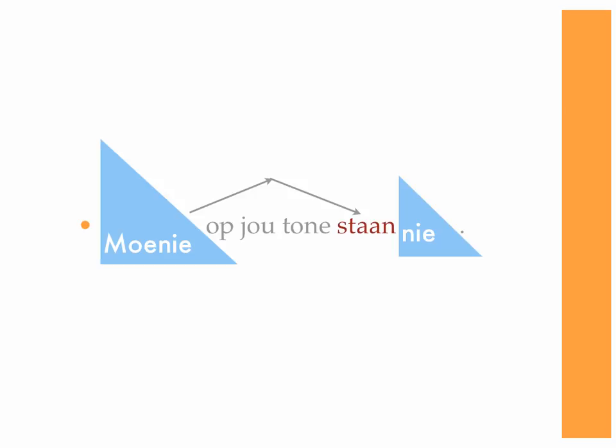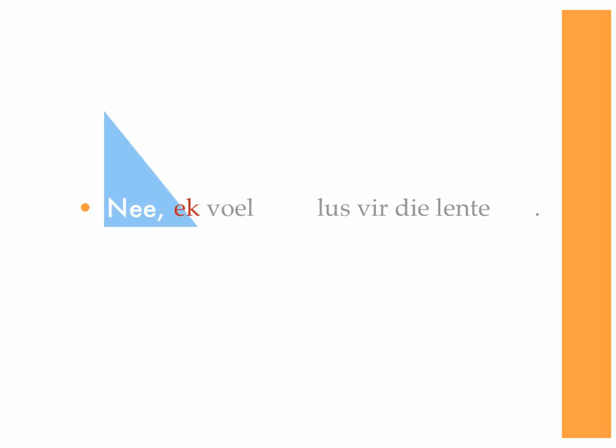Moenie op jou tone staan nie. Vierde enetjie. Voel jy lus vir die lente? Nee, komma, ek voel nie lus vir die lente nie. Nee, ek, the jy changes to ek, voel nie lus vir die lente nie. Weet hom almal reg? Baie mooi.